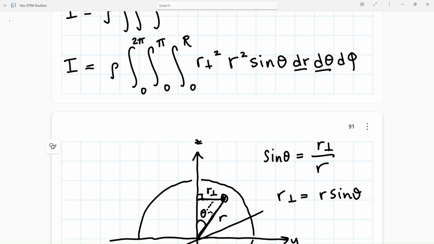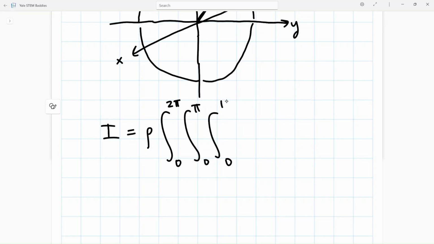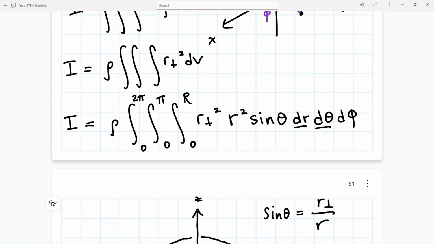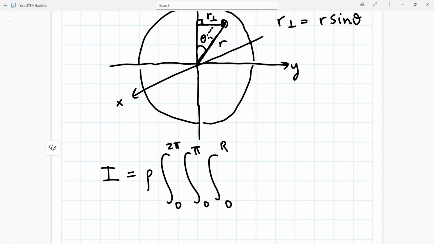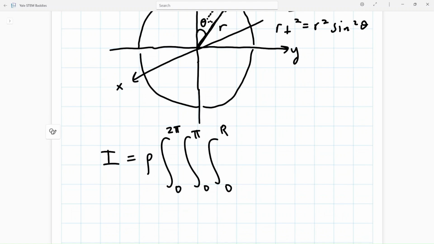Okay, perfect. So let's plug that into our integral expression now. So we have this density outside, 0 to 2 pi, 0 to pi, 0 to big R. And then instead of including r perpendicular squared, let's put in r perpendicular squared is r squared sine squared theta.